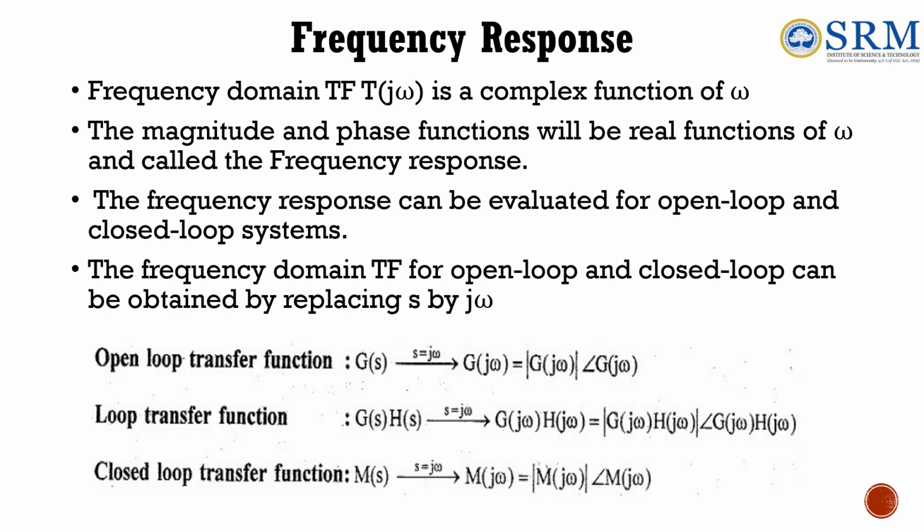So here magnitude of T of j omega and angle T of j omega are real valued functions of omega and collectively form the system's frequency response. The frequency response can be analyzed for both open loop and closed loop systems by substituting S equal to j omega in the transfer function.